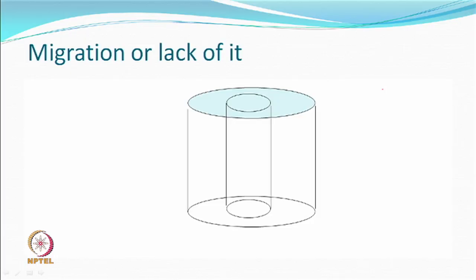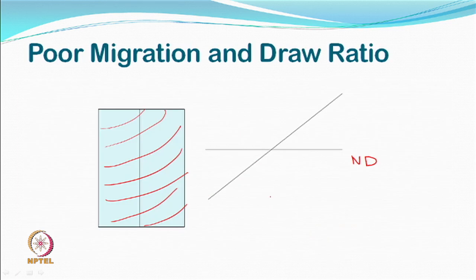So, you have the core, some of them may be lying there, the others may be lying here, and they are not switching positions. If they do not switch positions, then they have a different history. The ones on the surface have probably already been extended compared to the ones in the core. And on top of it, you are also doing some drawing. You have given a normal draw ratio, let us say 3.5.